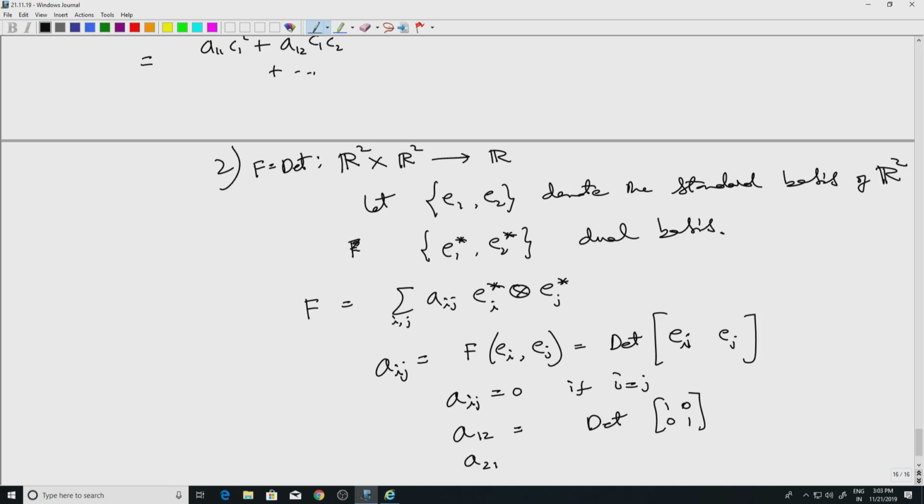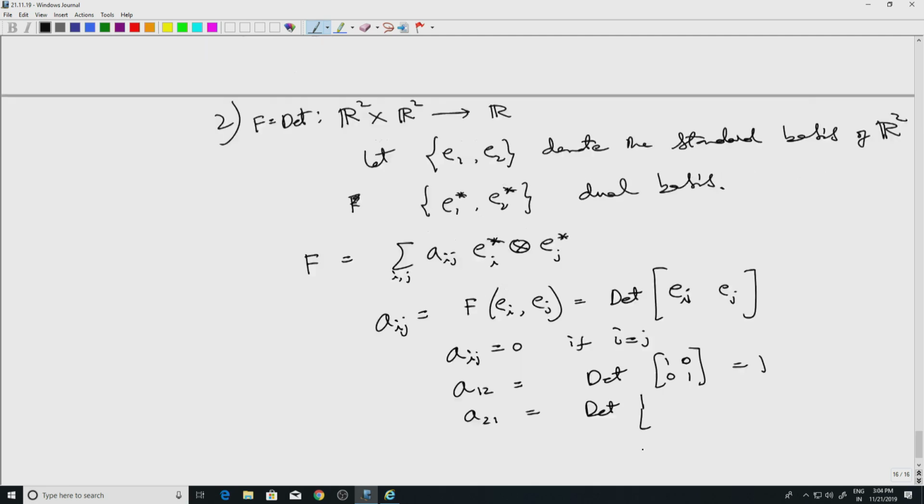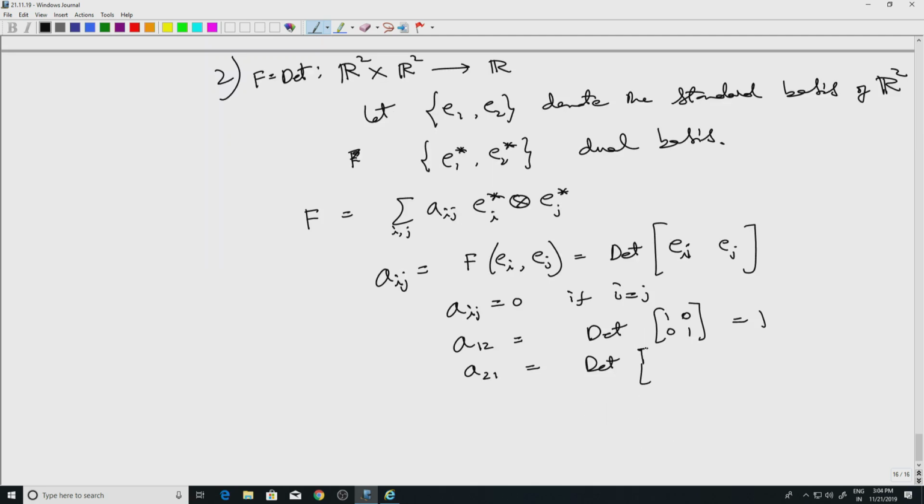It's just the identity matrix, and this would be 1. While A21 would be the determinant with the first column E2, which is (0, 1), and the second column E1, which is (1, 0). So this would be minus 1.